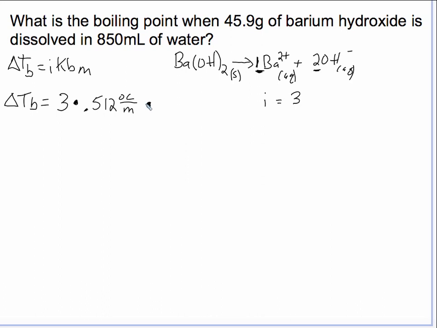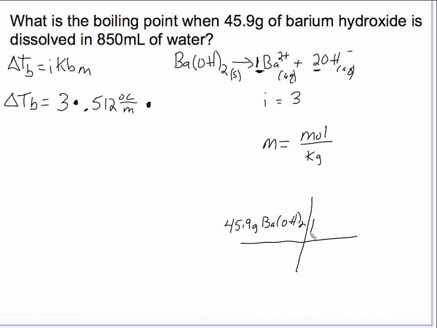Now we need to multiply that times the molality. Okay, so remember that molality is equal to moles over kilograms. Okay, we don't have moles though, we have grams. So what we have to do is change the grams of barium hydroxide using the molar mass into moles.